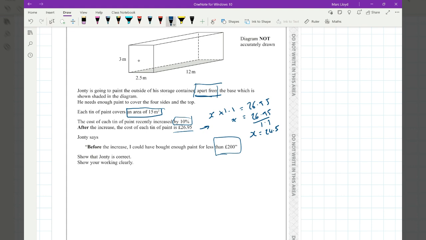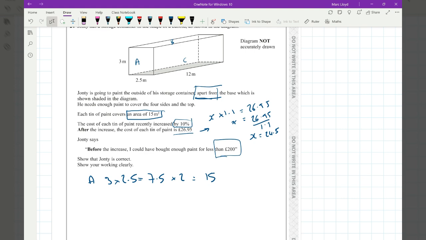So the short side is A, the top is B, and then we've got C. For part A, 3 times 2.5 is 7.5, and then we've got two of them, which is 15.